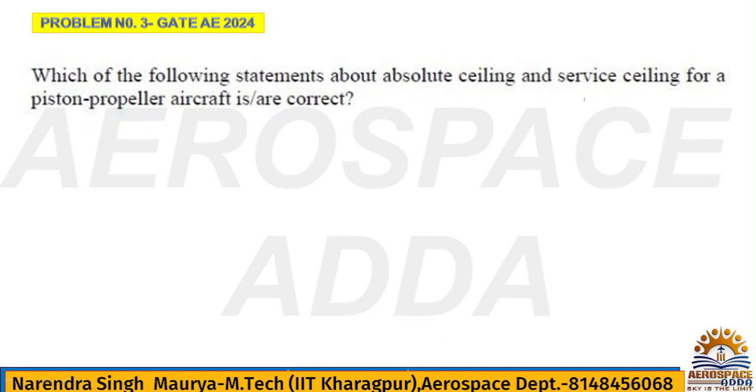Ceiling is first of all an altitude. Service ceiling and absolute ceiling. At the absolute ceiling, always remember, it's an altitude where the maximum rate of climb will be 0. That is called absolute ceiling. Now what about the service ceiling?